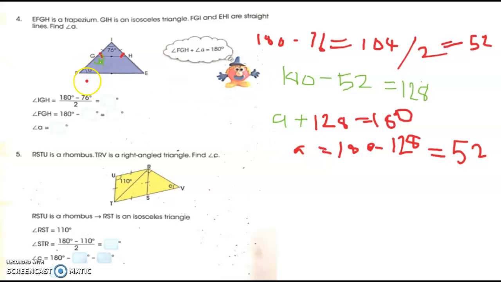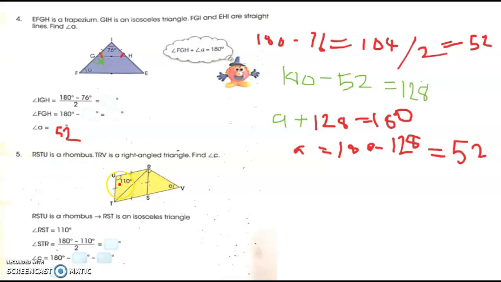So we found that this is also 52. That means this angle and this angle are corresponding actually. We will learn that property. Never mind. For now we know that in a trapezium, the angles between the parallel sides add up to 180. So A equals 52.